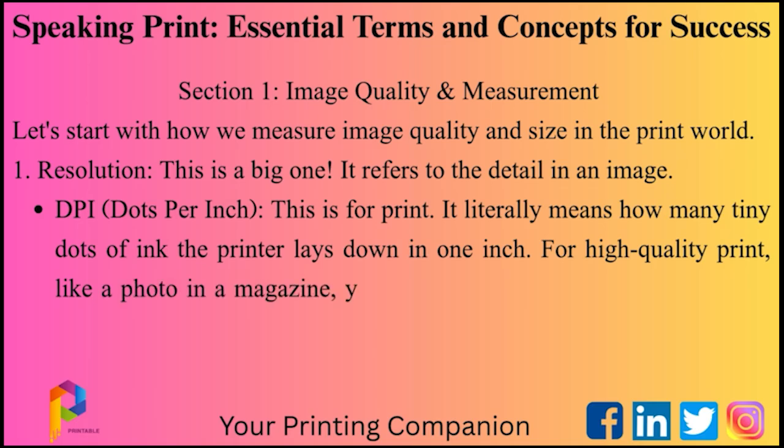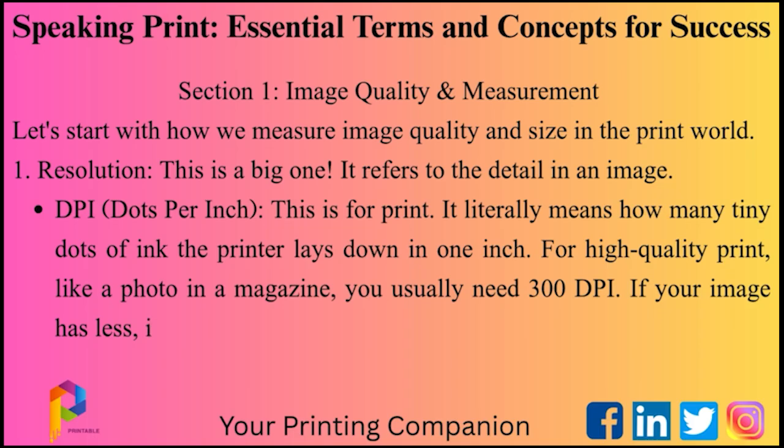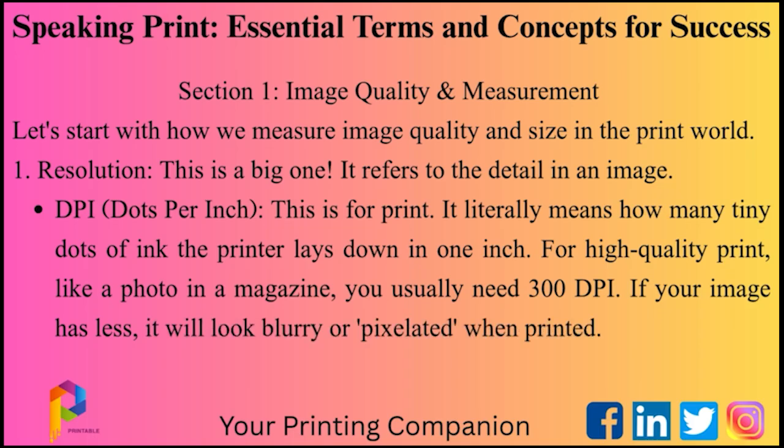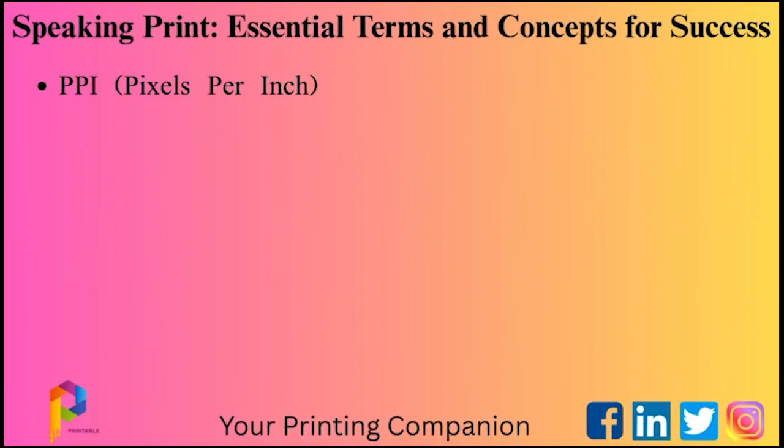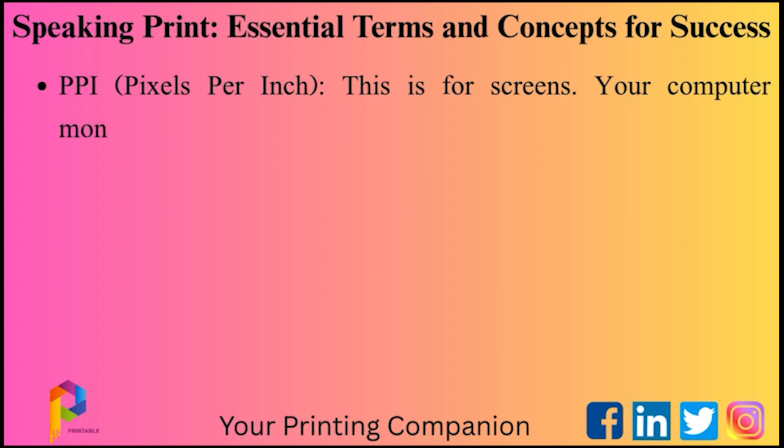For high quality print, like a photo in a magazine, you usually need 300 dpi. If your image has less, it will look blurry or pixelated when printed. PPI, pixels per inch. This is for screens. Your computer monitor or phone screen uses pixels.